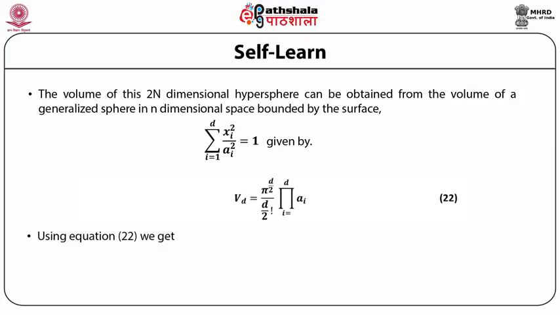Using equation 22, we get volume V corresponding to 2n dimensions is equal to pi raised to power n divided by n factorial multiplied by (2mE) raised to power n by 2 multiplied by (2E by m omega square) raised to power n by 2, which on simplification gives 1 upon n factorial multiplied by (2 pi E by omega) raised to power n.